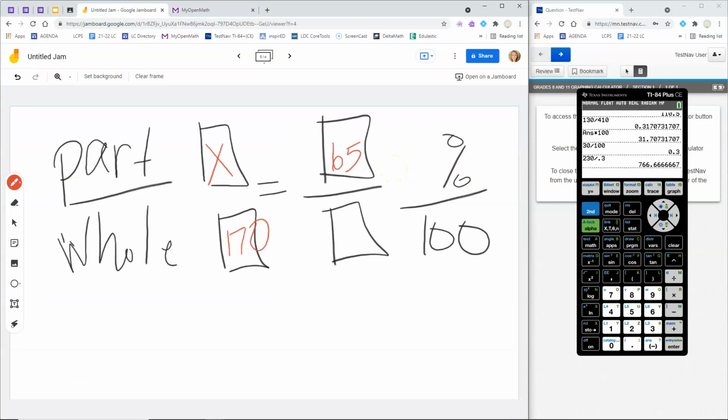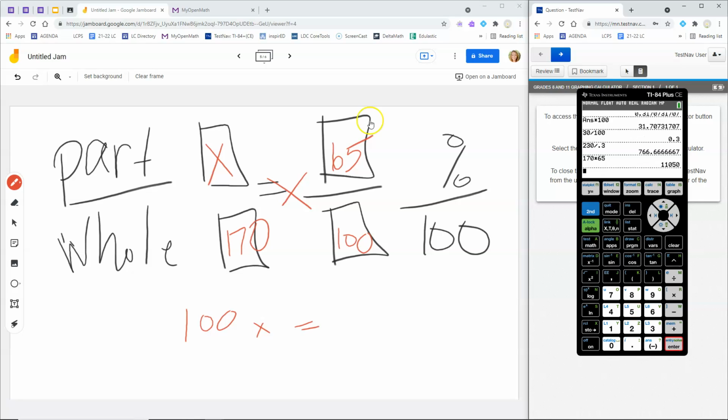So this is 65. This is always 100, okay? Always 100. So you can cross multiply and solve. I think everybody can do this. So when you cross multiply, you find your x, multiply that one first. So 100x is equal to 170 times 65.